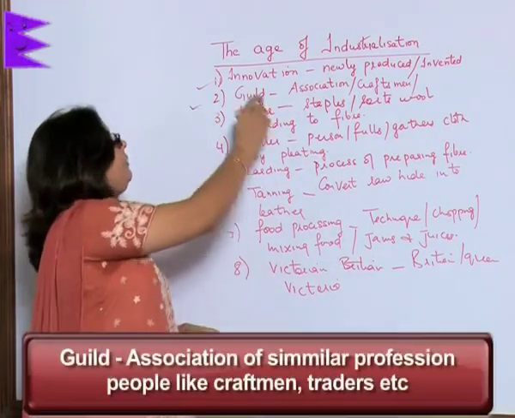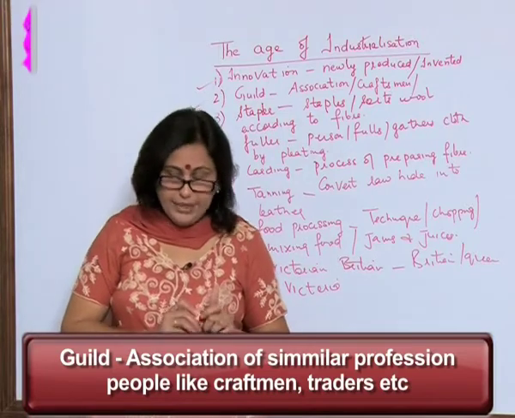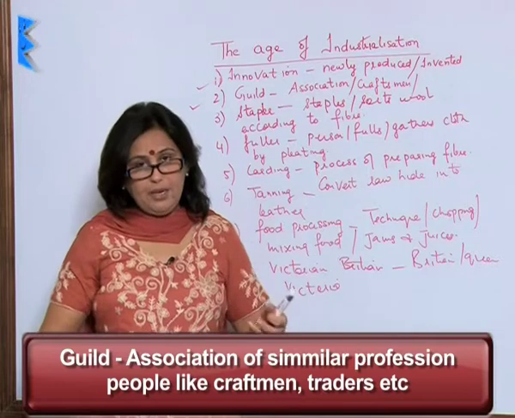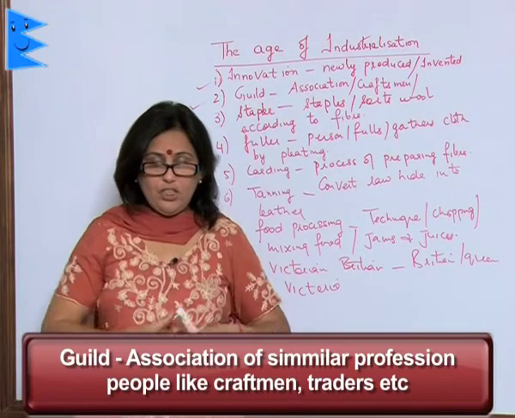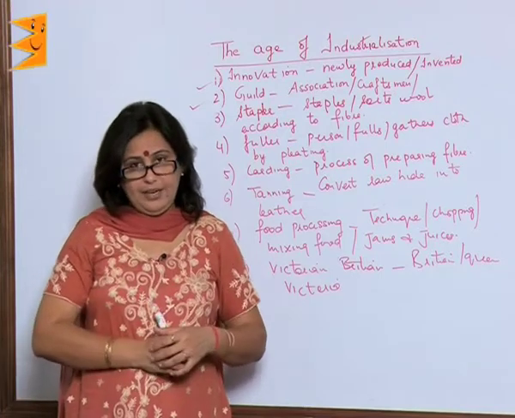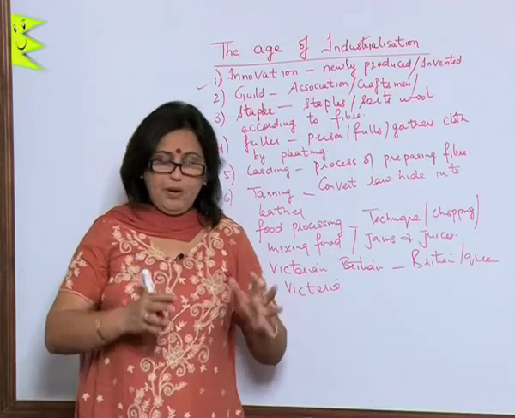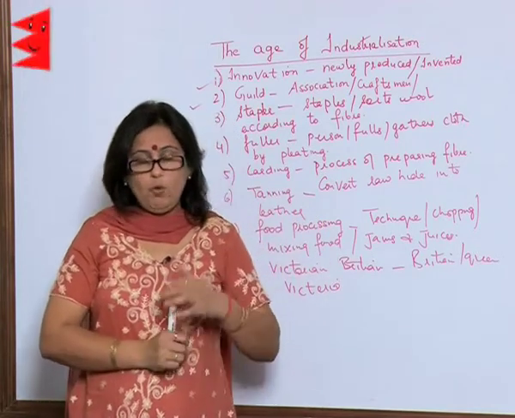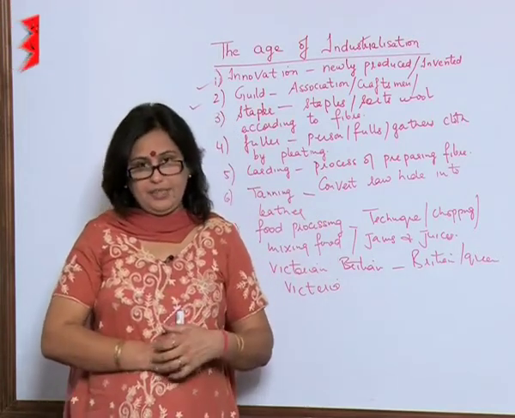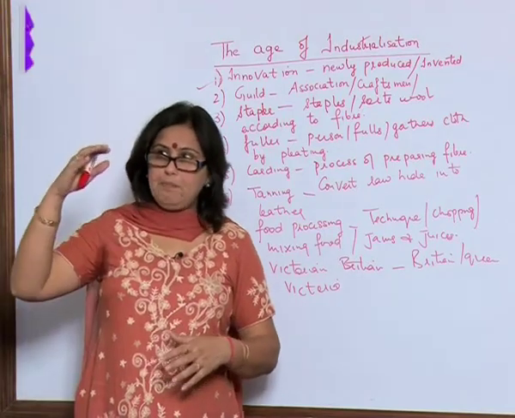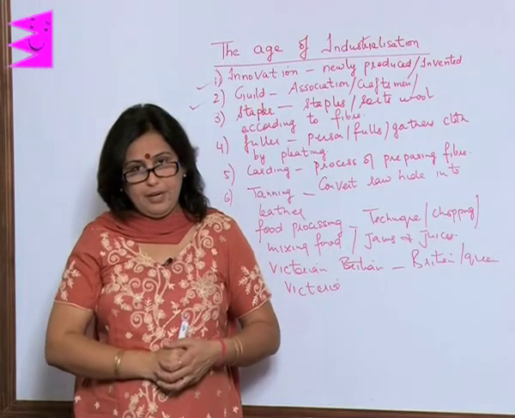Next is a guild. Guild is in fact an association of craftsmen, of traders, of merchants. That is to say, when industrialization set in, there were people belonging to various professional groups who wanted to safeguard their interest, who wanted to earn more profit, who wanted to get maximum relief from the government.